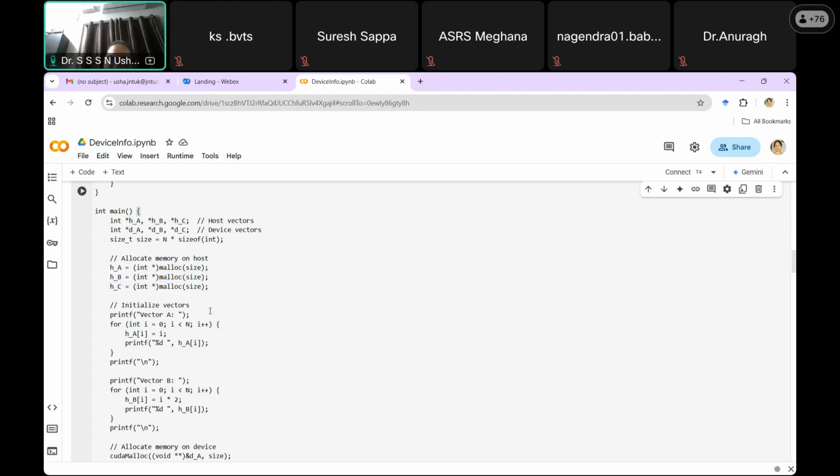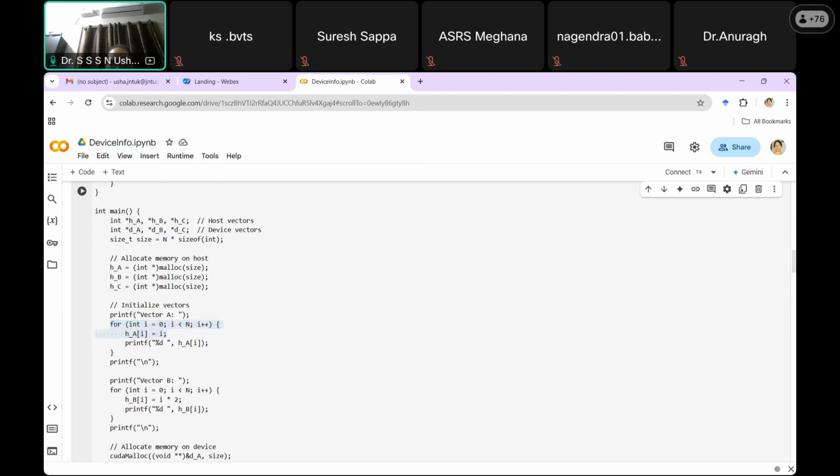A vector is nothing but a set of values. Here it is just a linear vector, one dimension only. You can observe that there is only one loop to save the values. That means I'm just collecting a certain set of elements and copying them into the h_A array.